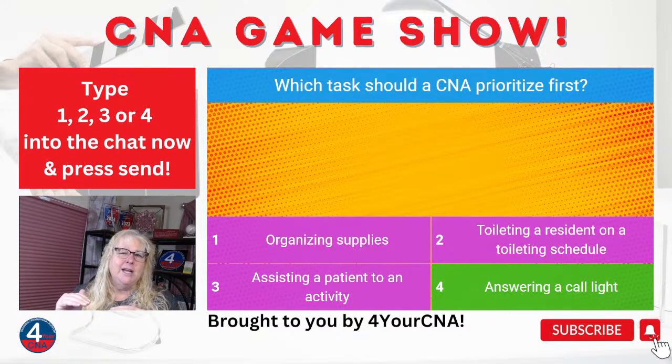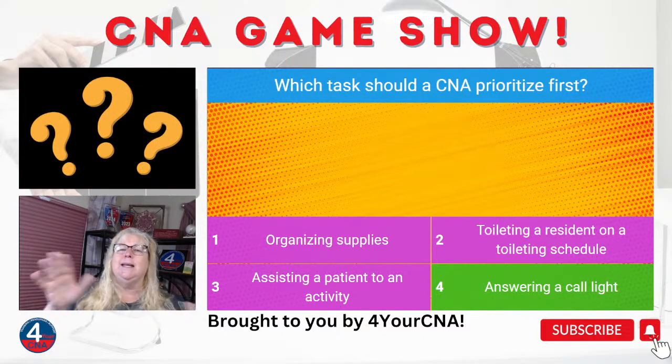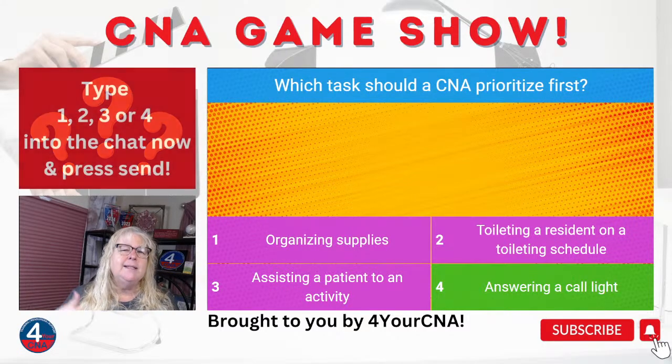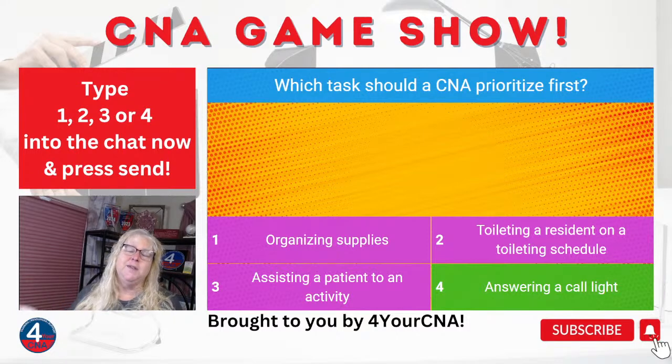So we're maintaining a toileting schedule, but you've got about 15 minutes on either side of that time to play with. Assisting a patient to an activity, well, that activity might be starting at a specific time, right? And that's important to get the patient there. So that's going to take a little bit of a priority, but nothing bad is going to happen to a patient that doesn't arrive to an activity on time.